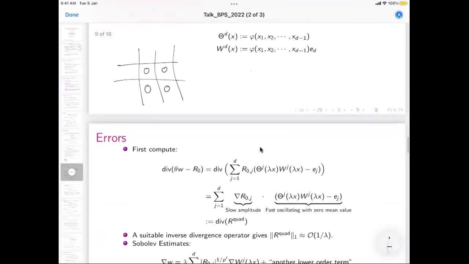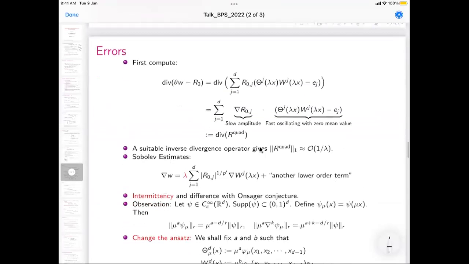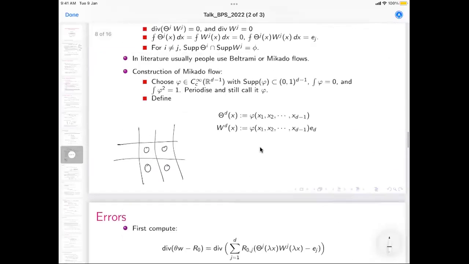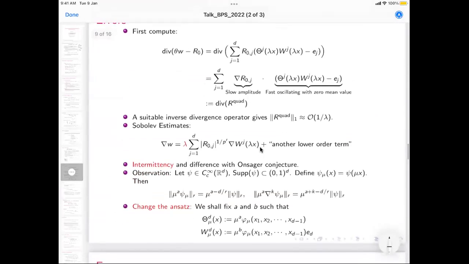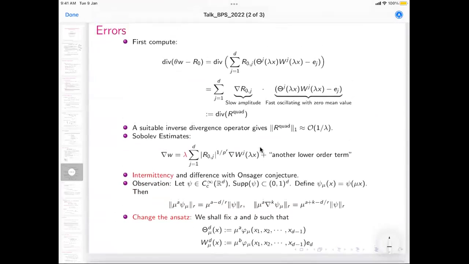Okay, so now having constructed such a guy, let's come back to the cancellation of R0. So remember, I'm just writing in each component, so that's why you get a sum. And if you take this product of Theta and W, you get this, right? You remember that I had some exponent here, just to make sure that their product will be nothing but R0. So this is what you get.